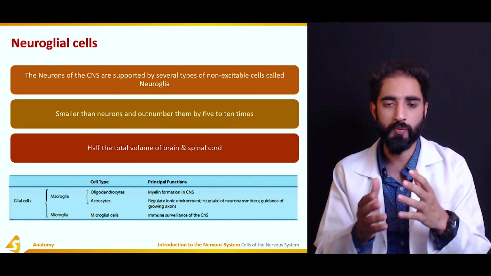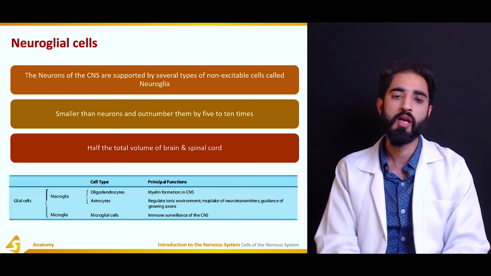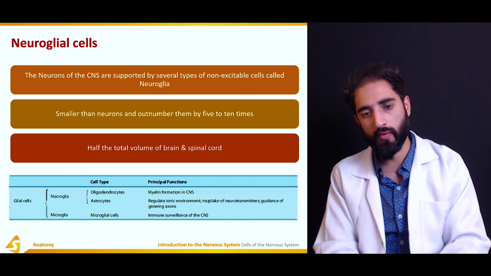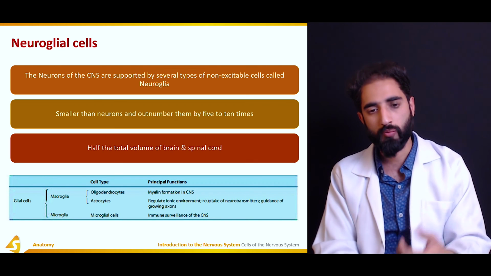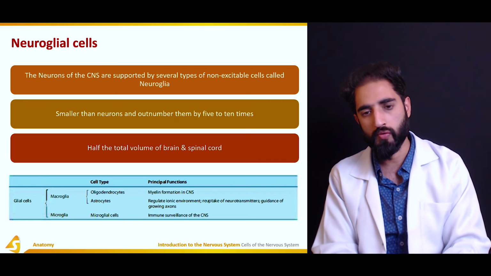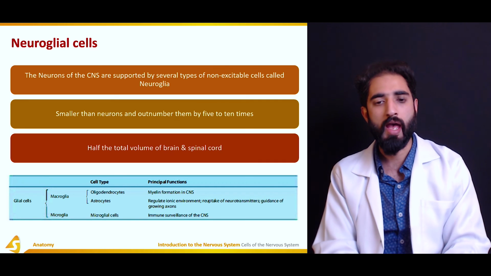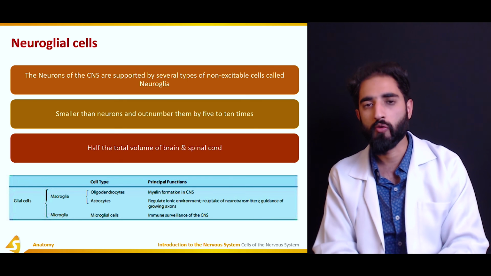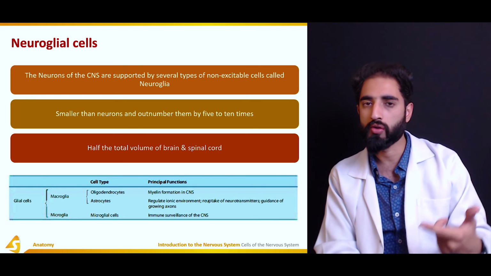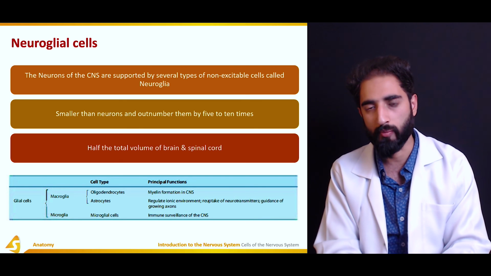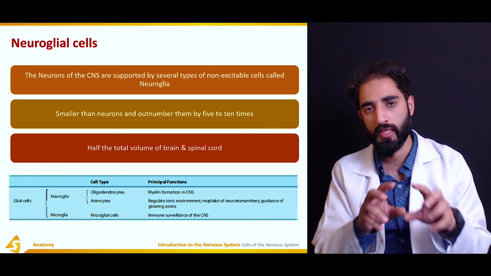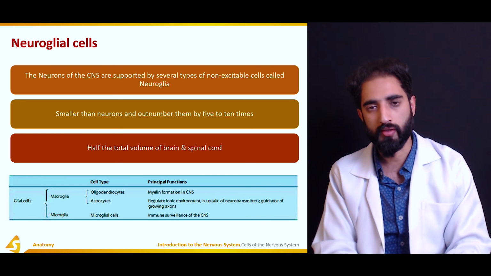If we look at the most basic classification, we have two types of glial cells, which are the macroglial cells and the microglial cells. So macroglial cells are majorly of two different types, which are the oligodendrocytes and astrocytes. Oligodendrocytes form the myelin in the central nervous system, which covers the axons of the neurons, giving them the whitish color appearance, which is also seen in the white matter in the central nervous system.